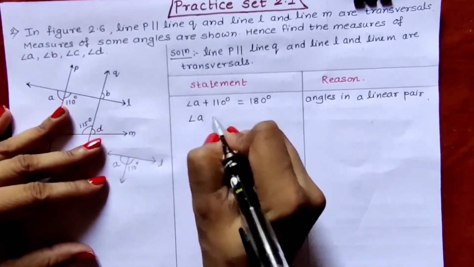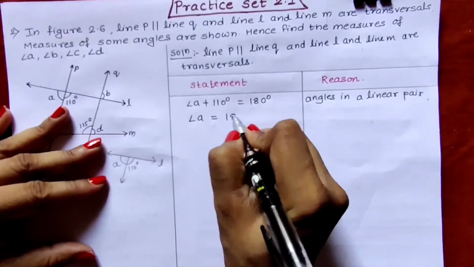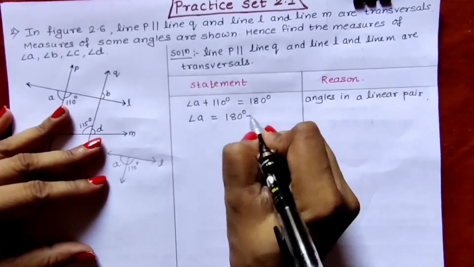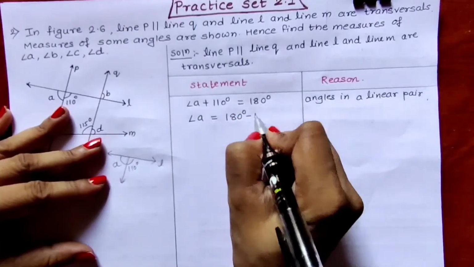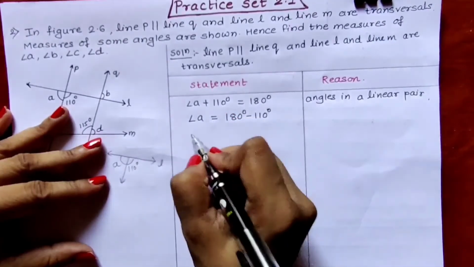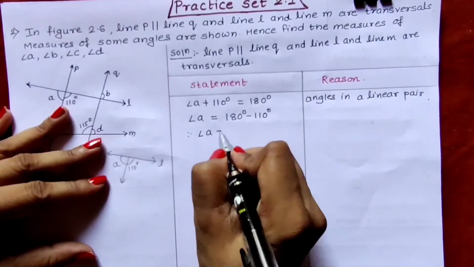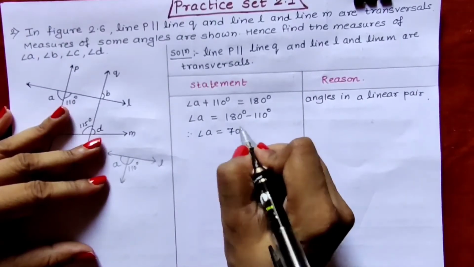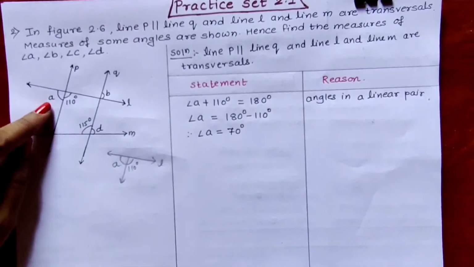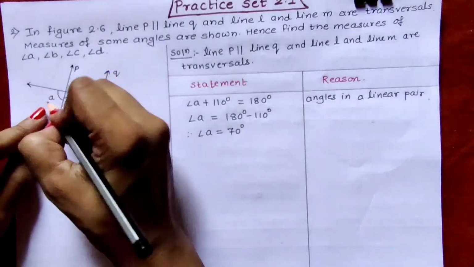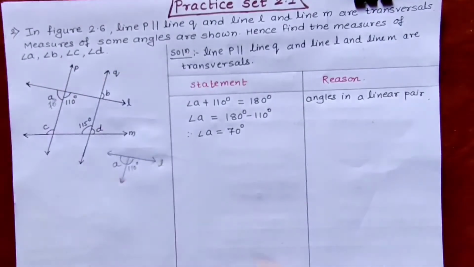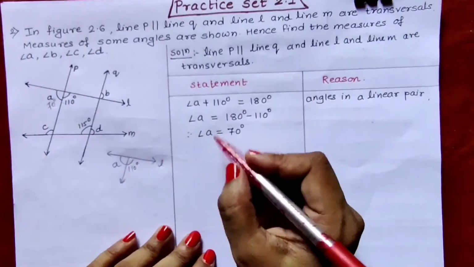So angle A is equal to 180 as it is, plus 110, from left to right it becomes minus 110 degrees, and therefore angle A is equal to 70 degrees. So in this way, measure of angle A we have got, this is 70 degrees. Okay, I will put a box.